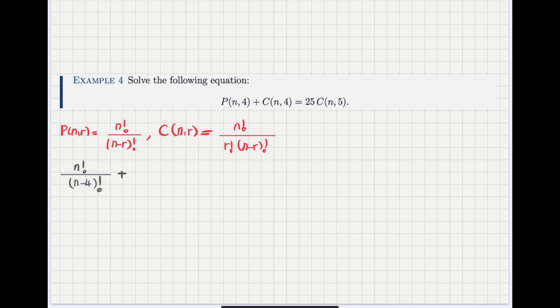And for n choose 4, I write n factorial, again r is this 4, so I have to put a 4 factorial here and n minus 4 factorial. And on the right hand side I have 25 times another combination, but this time r is 5 in this problem.